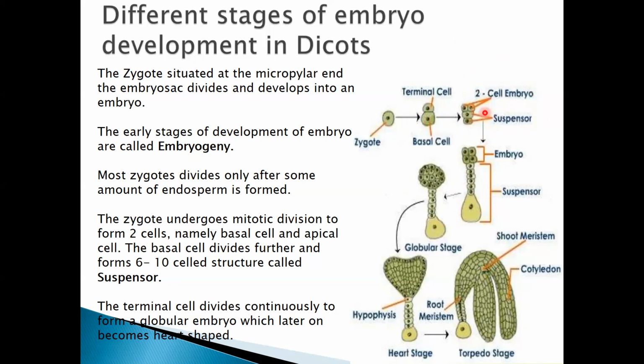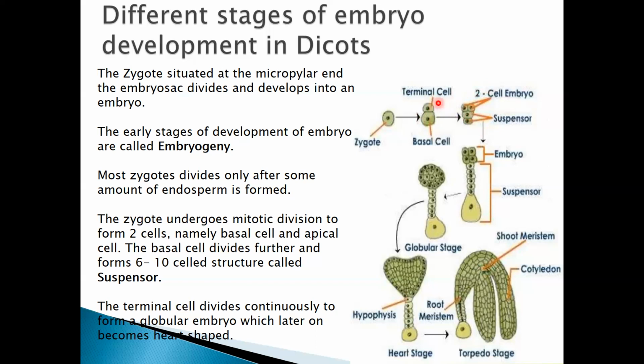Now, the other terminal cell divides continuously to form a globular embryo which later becomes heart-shaped. Yes, the terminal cell which is present here forms a two-cell embryo. Can you see here? The two-cell embryo.